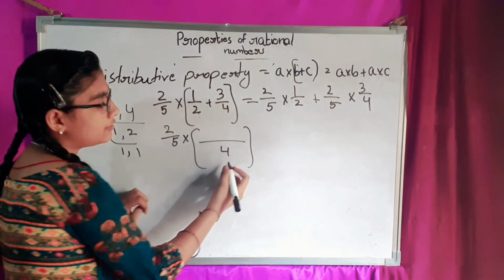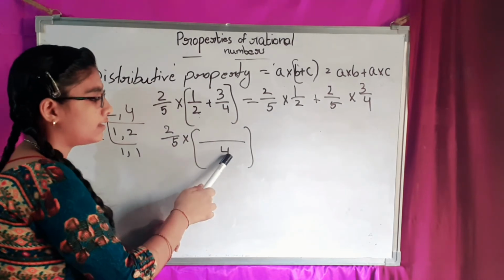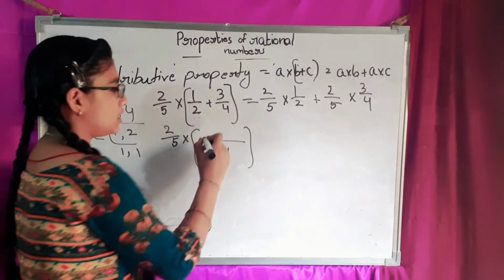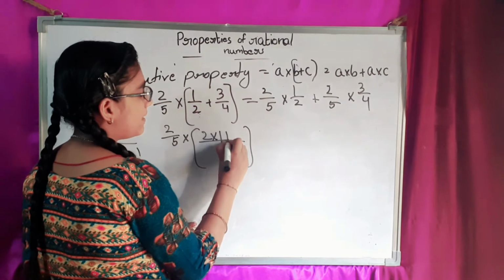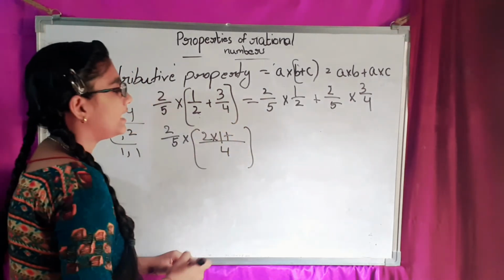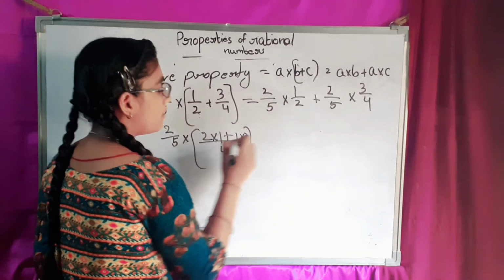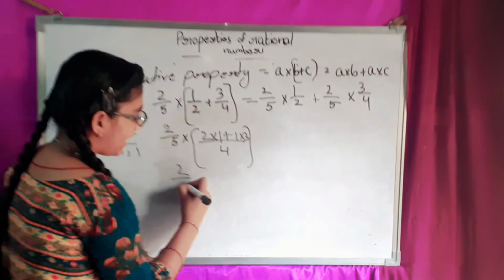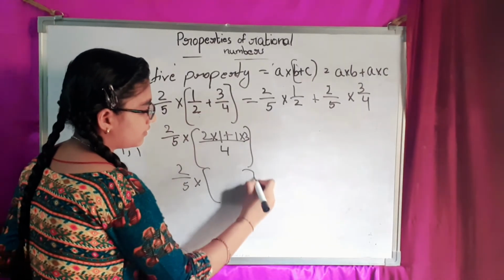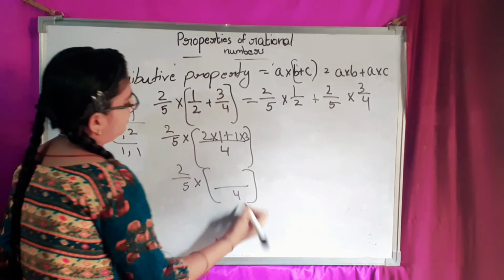2 into 2, in the 2 table, 4 how many times will go? 2 times. So 2 into 1, plus in the 4 table 1 time it will go, so 1 into 3, over 4.